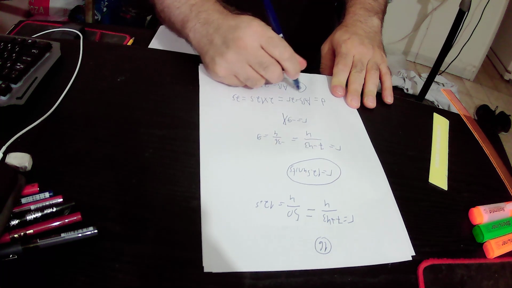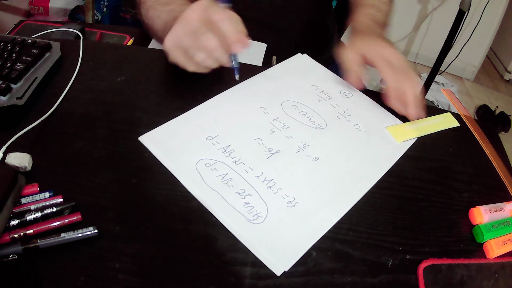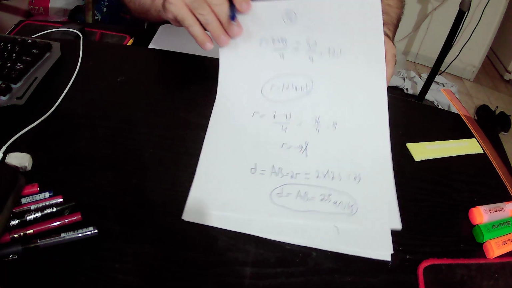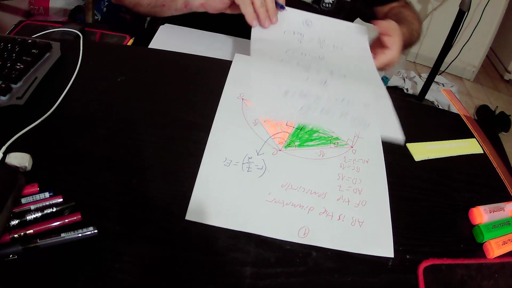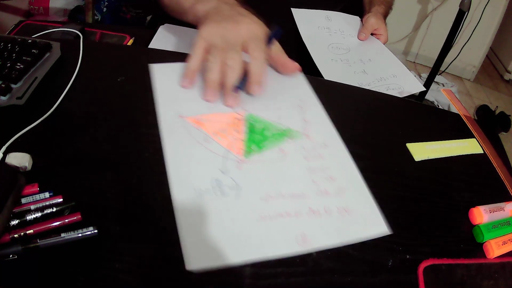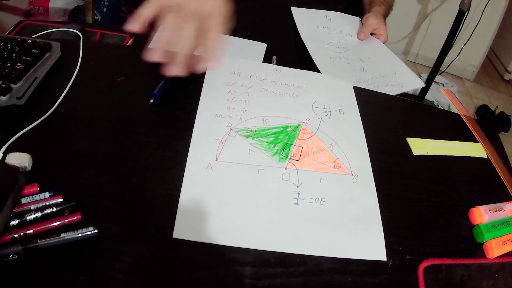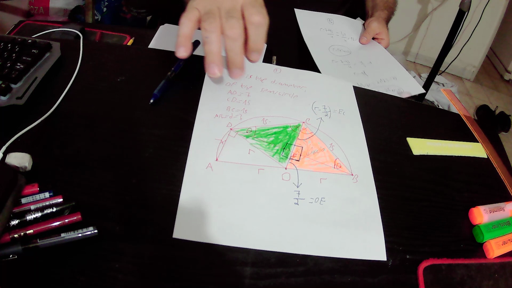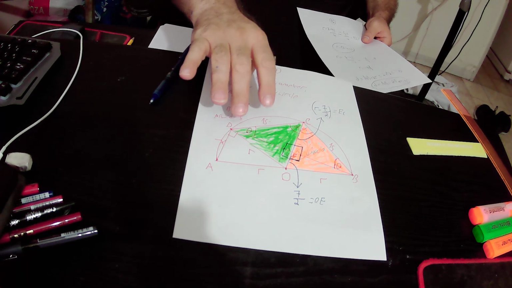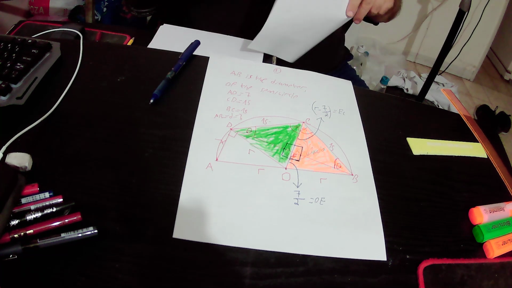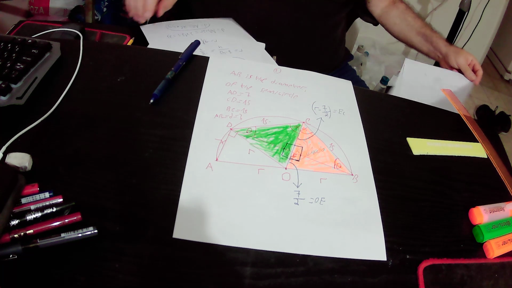Okay, the diameter of this semicircle, that is actually AB, is 2 times the radius of this semicircle, which equals 25 units. Okay, so now I will summarize the lecture.